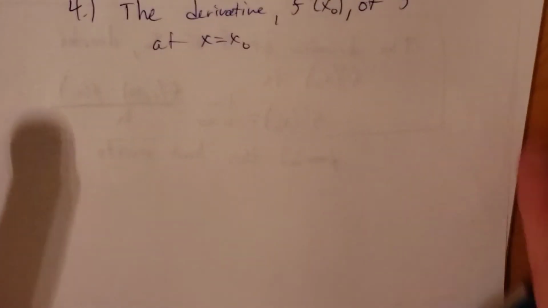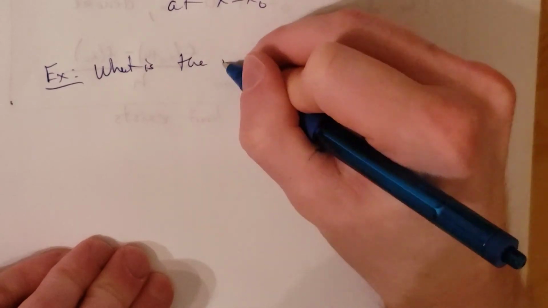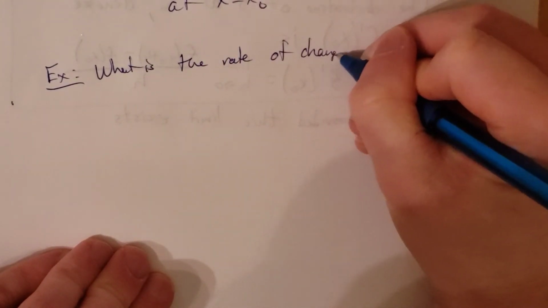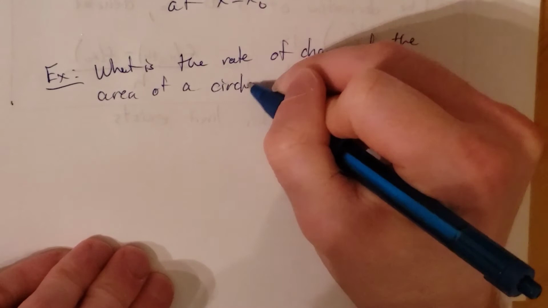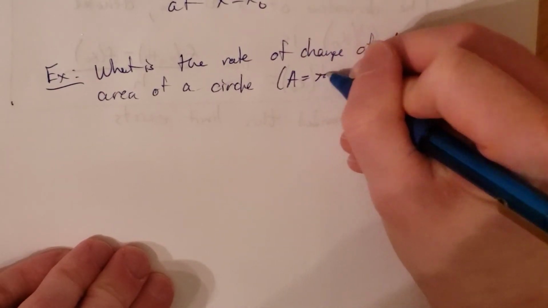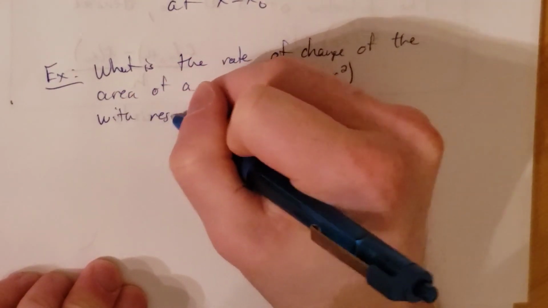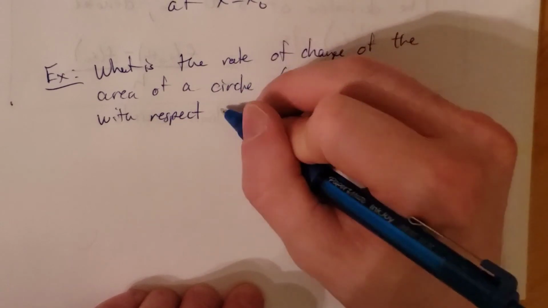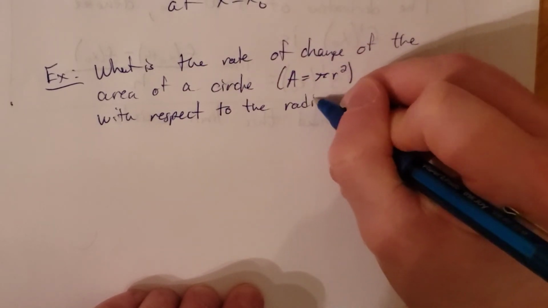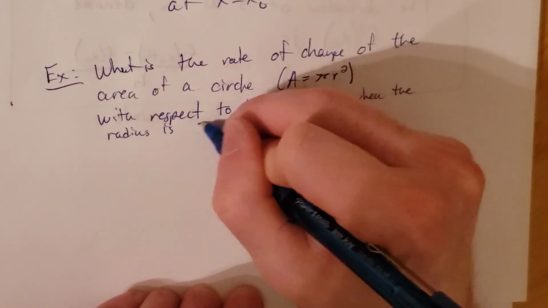Okay. One last thing that we'll say in this video is that I want to do an example. In this example, we are going to ask the question, what is the rate of change of the area of a circle, whose formula is A equals pi r squared, with respect to the radius, when the radius is 3?